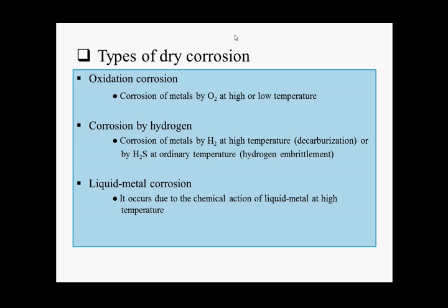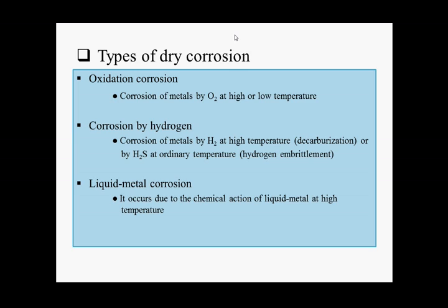Alkali metals and alkaline earth metals normally undergo this type of corrosion even at very low temperatures. Almost all metals undergo corrosion at high temperature except silver, gold, platinum. They are the native state metals, noble metals, we all know that.